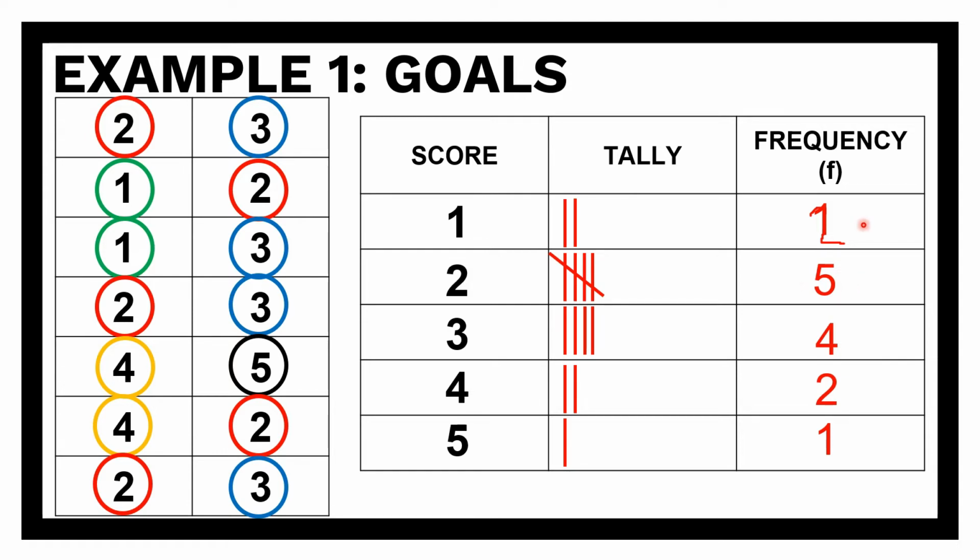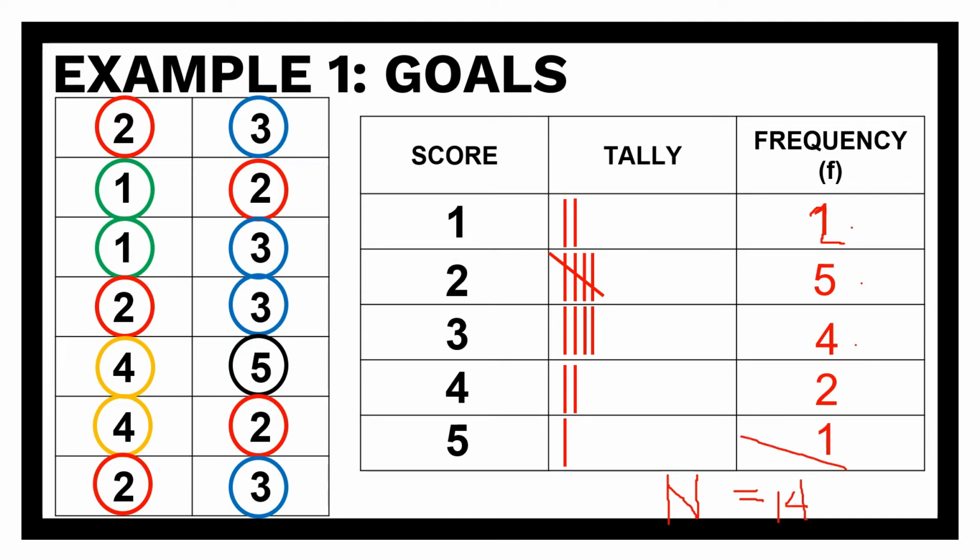To check if our frequency is correct, we can also total or add the frequencies. If it sums up to 14, then we got the correct frequency. So let us add: 2 plus 5 is 7, plus 4 is 11, plus 2 is 13, plus 1 is 14.